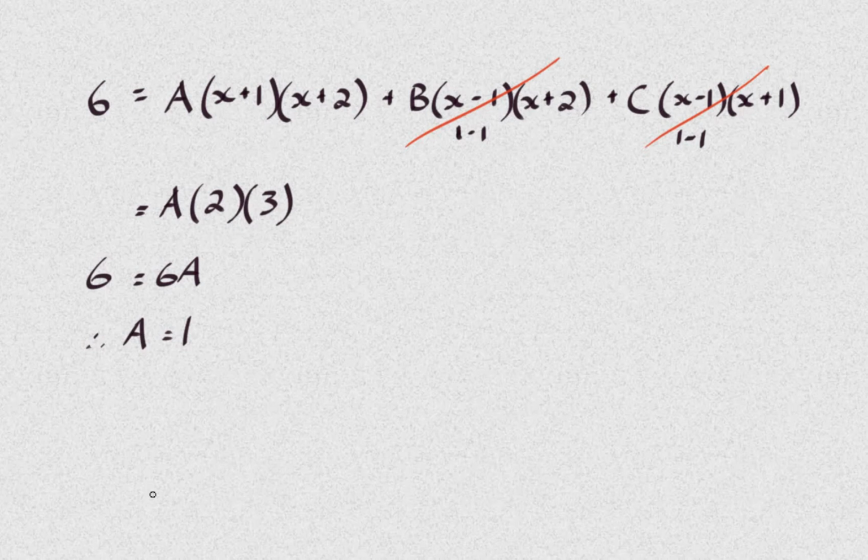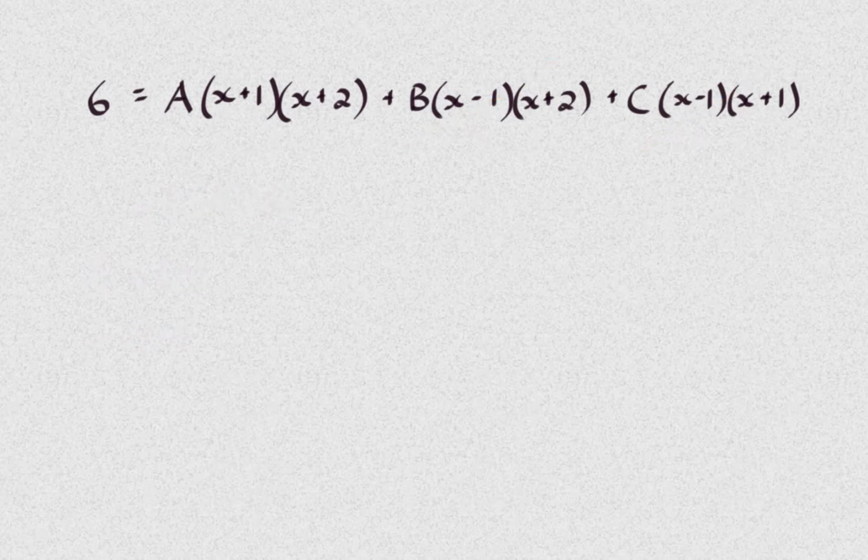And then likewise, if we choose appropriate values of x, again, we can solve for b and for c. So let's take a fresh look at the equation once again. We just want to be left with b, and so we notice that both the a term and the c term have an x plus 1, but the b term doesn't have that.